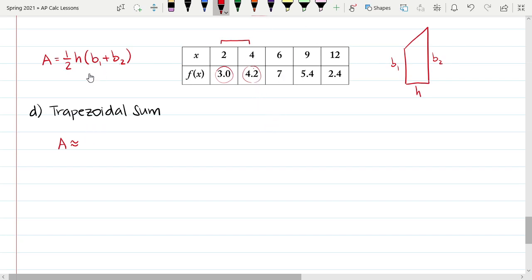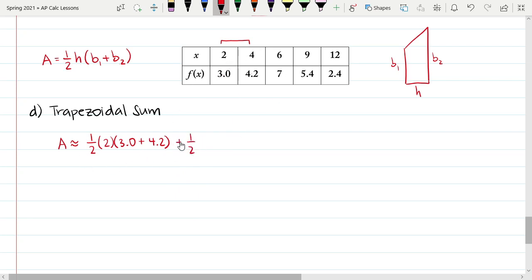So that means for the first trapezoid, the area will be 1/2 times the height. Again, that's going to be 4 minus 2, which is 2. Times the sum of the bases, so the sum of the two function values. So that's going to be the sum of 3.0 and 4.2. So that's how we would set up the area for the first trapezoid.